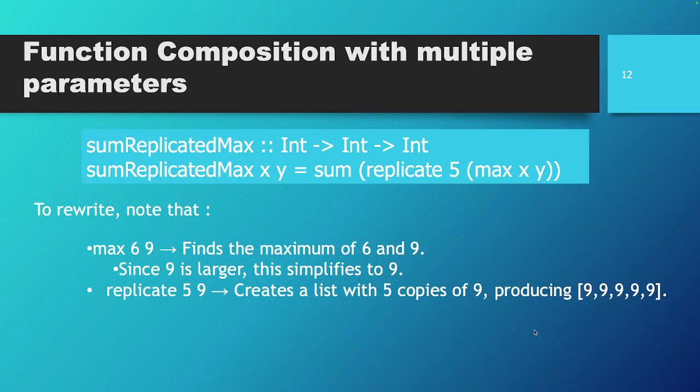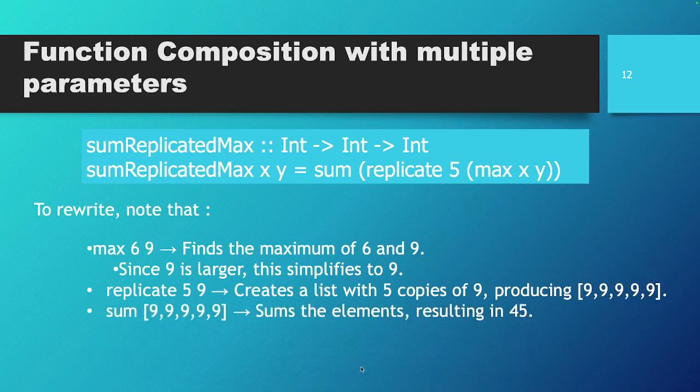It's just a way of creating a list with equal elements, and again, like a lot of these things, it's handier than it looks. And the sum of that then, if we're applying this to replicate 5 max 8 9.